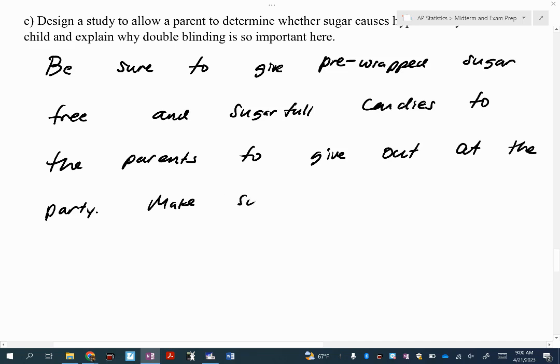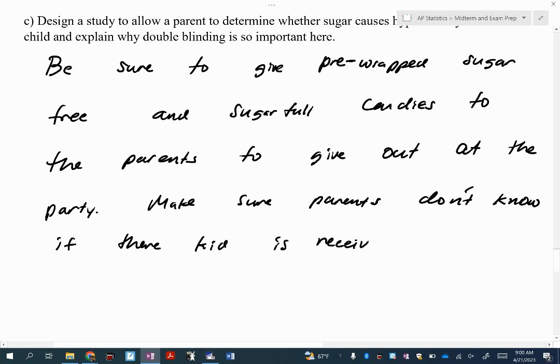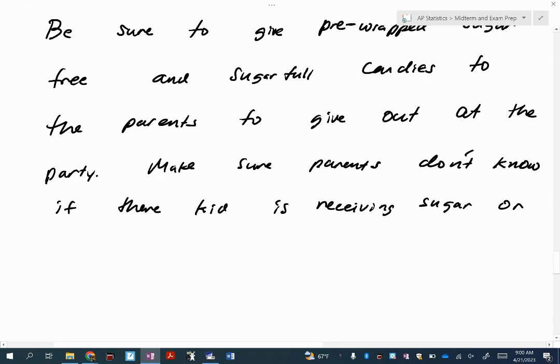Make sure parents don't know if their kid is receiving sugar or sugar-free.